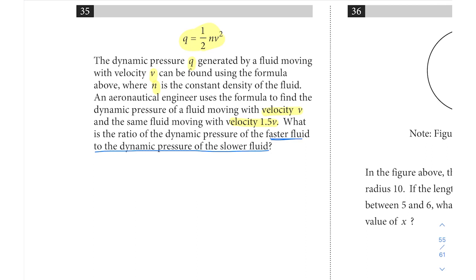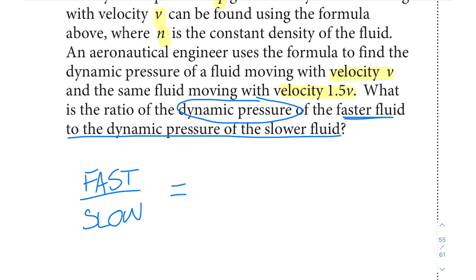What is the ratio of the faster fluid to the slower fluid? So basically what we're looking at here is we want this dynamic pressure, or Q, of the faster one to the slower one. So basically it's fast over slow.